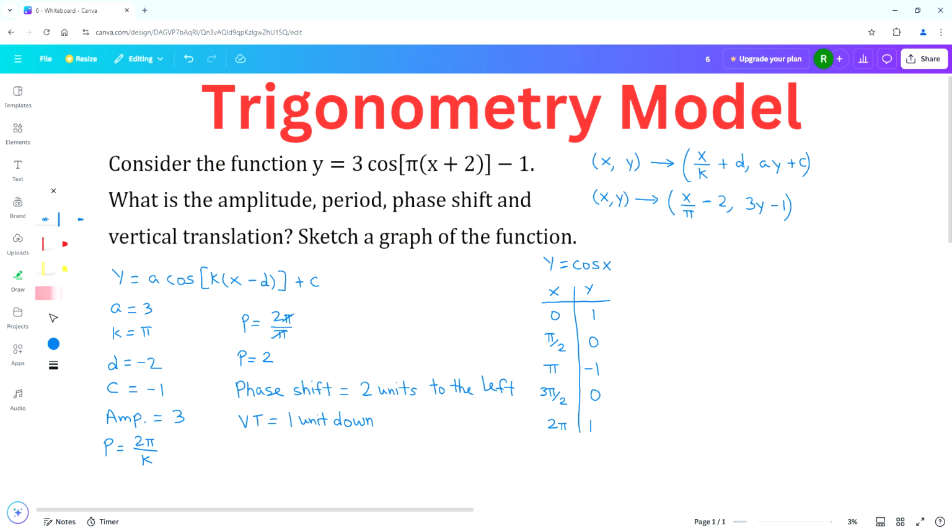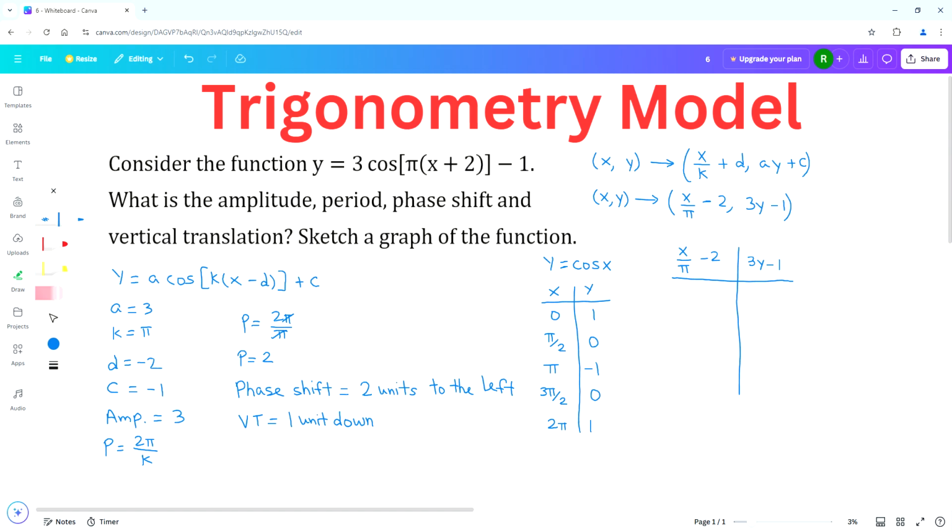Now we can prepare a table of values for the transformed cosine function. We use the x and y values from the table of values of the parent function.